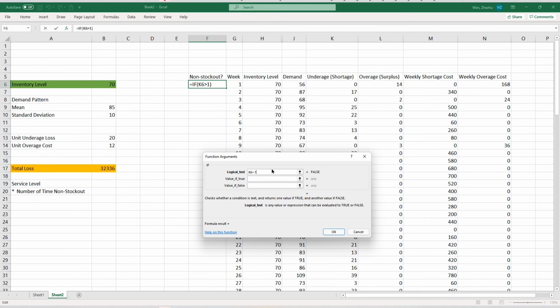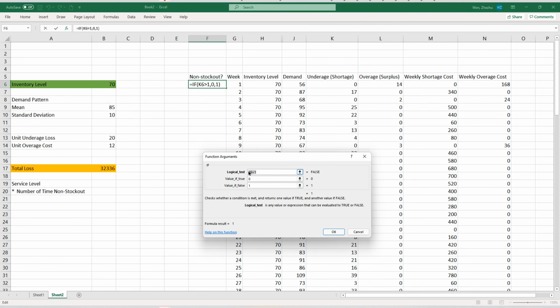So if this is bigger than 1, this should be 0 this time, right? Should be 1 because we're flipping the condition. We didn't do it this way in the previous video. I hope this makes sense to you.